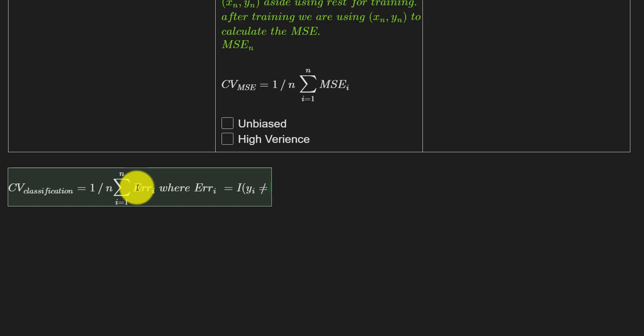The predicted value we generally mention as y_i hat, right? So this is the condition. Basically, when it satisfies that condition, that means we are finding the data points where we have done the misclassification, or it did not do the classification correctly. Then we sum them up and take the average.